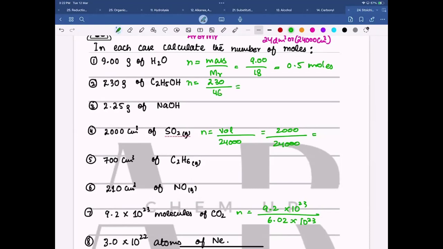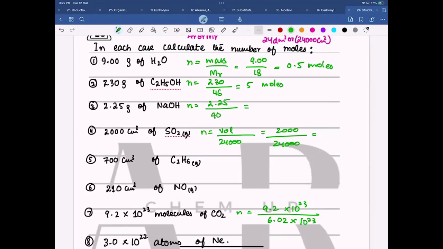And what is the answer? 5. Very good. Then 2.25 divided by 40.